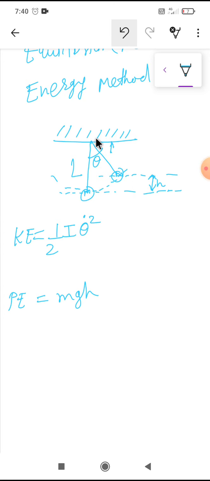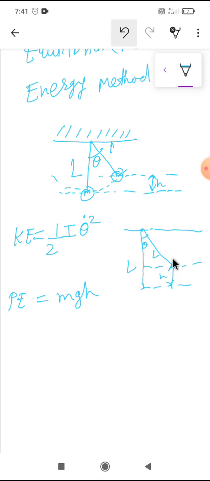So how can we find h? Suppose I am redrawing this diagram. Suppose this is the length l, and suppose this is extended and this is angle theta and this length is also l. So I want to find this length h.